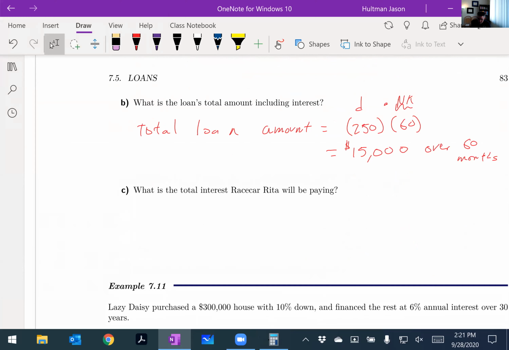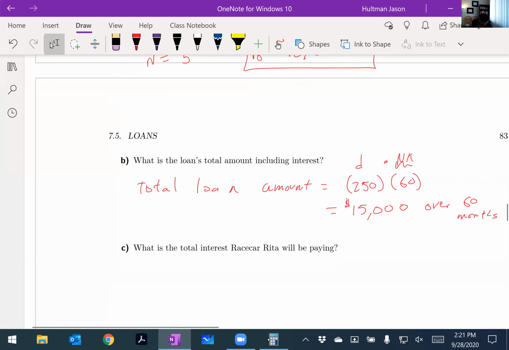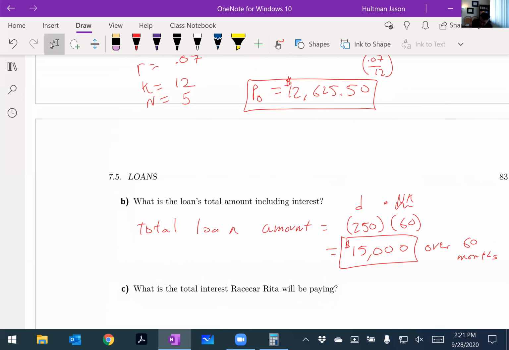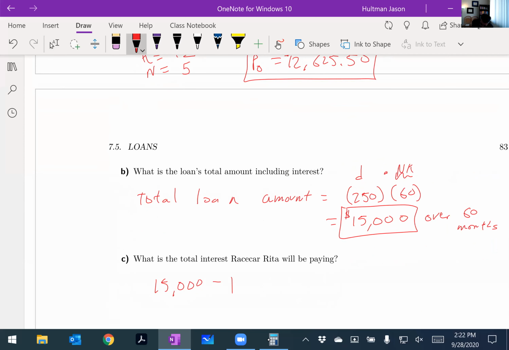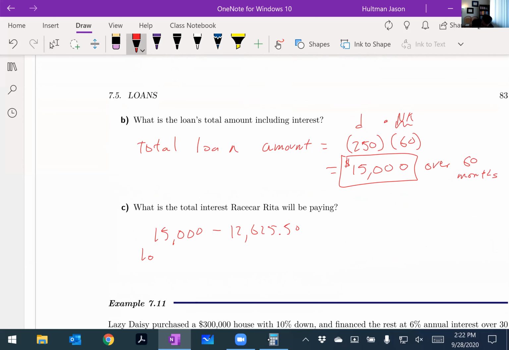Okay, what is the total interest that she will be paying? How much interest would she pay? If this is the total amount that she's paying out, and this is the interest, okay, 15,000 minus 12,625.50. What we call it, we say this is the loan value minus the principal.